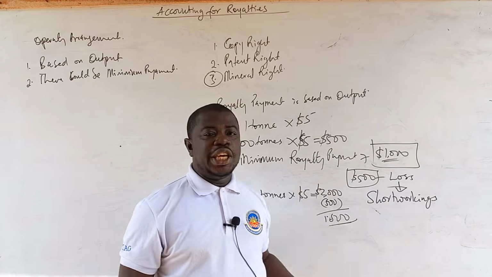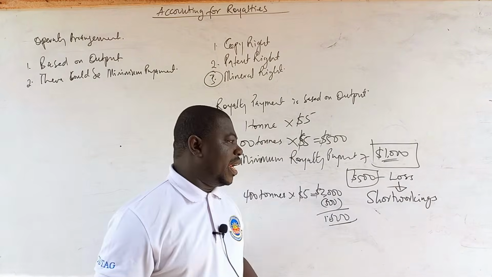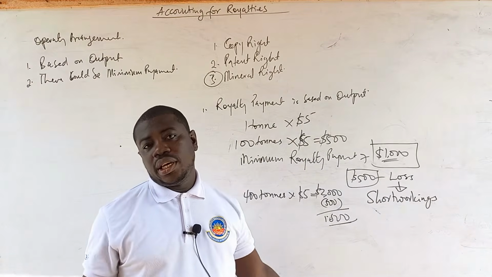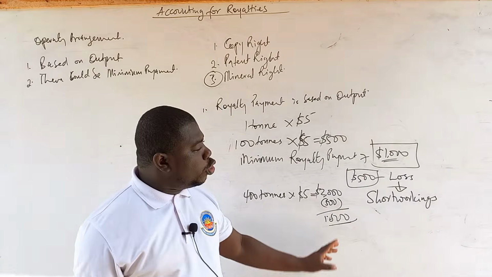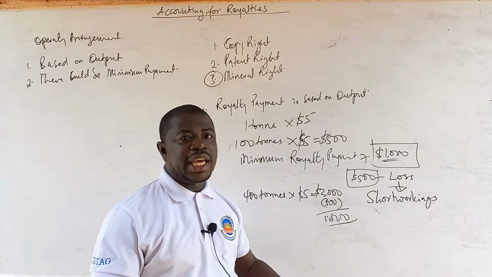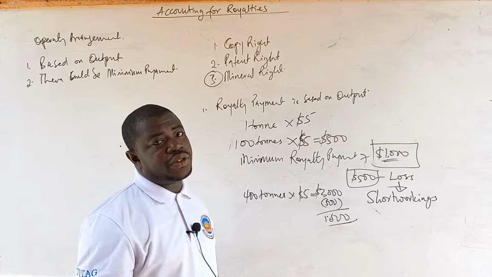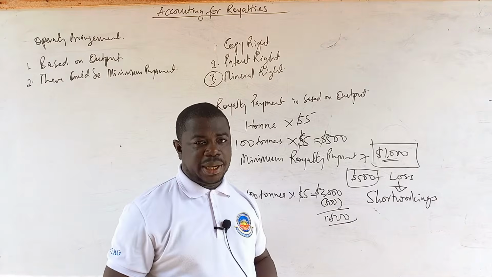So if you make any losses within the first 3 years, you should be able to recover them. Other than that, when it exceeds the 3 years, all of that will be written off as losses to the profit or loss account, meaning that you have lost. So you need to work hard to recover the short workings within the agreed time. It could be 5 years, it could be 2 years, but it depends on the agreement. Every question will come with a different agreement, and every contract comes with a different agreement.